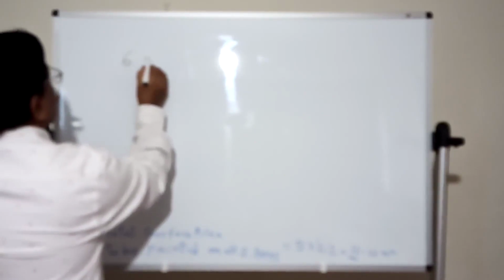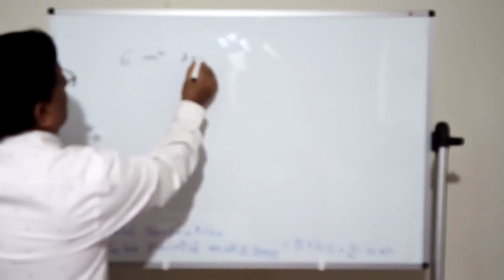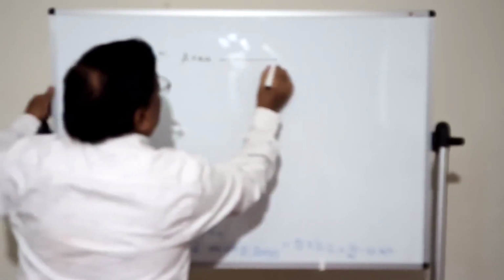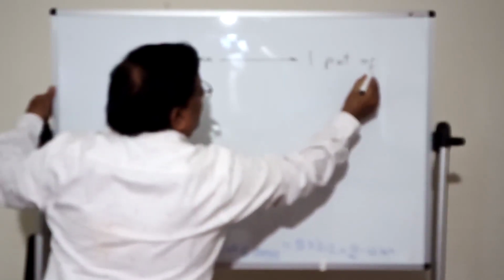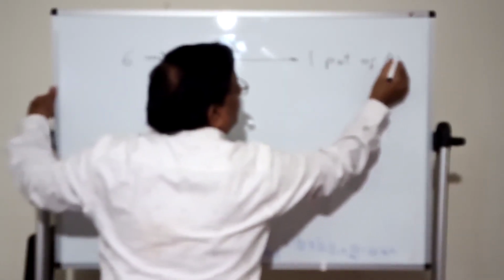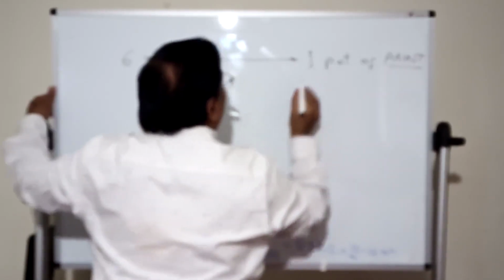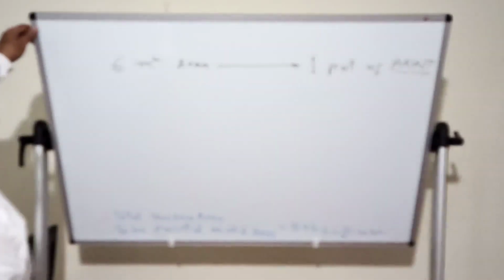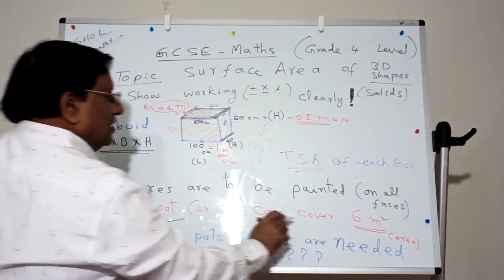You can also write it like a proportion statement. 6 square meters area needs one part of paint. One part of paint is needed to paint 6 square meter area. Each part means one part can cover 6 square meters.